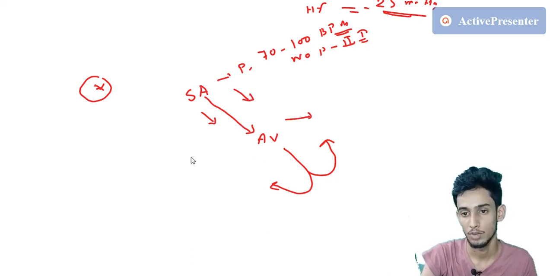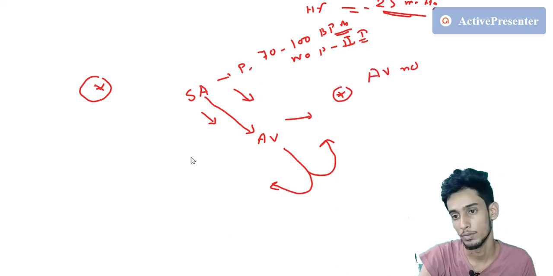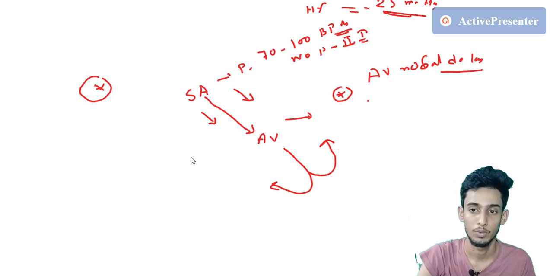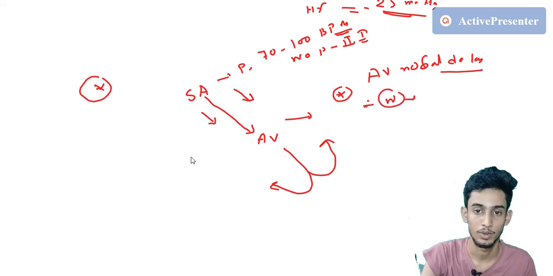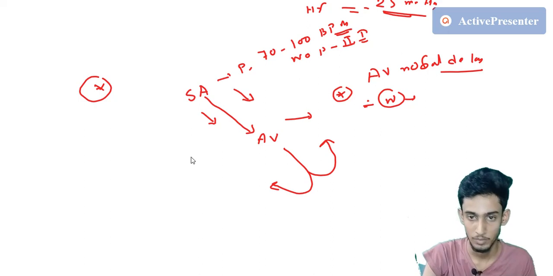In the AV node we have to know just one very important thing: AV nodal delay. This is very important in a normal heart, because when the impulse from the SA node comes to the AV node, if there is no AV nodal delay, it will flow to the ventricle at the same time.